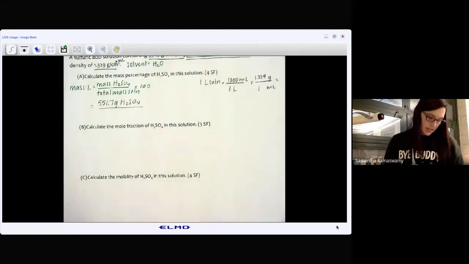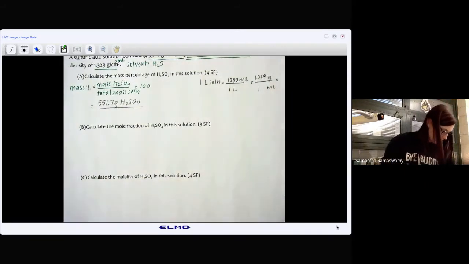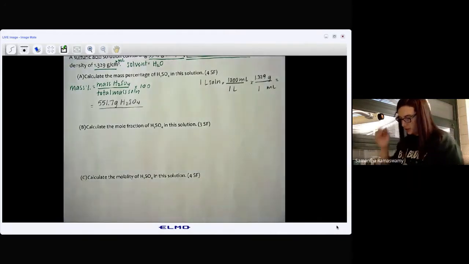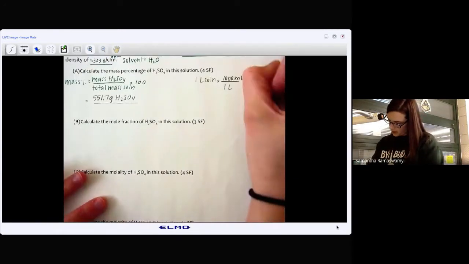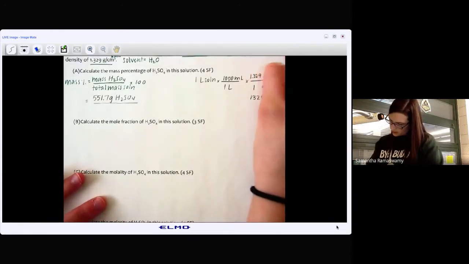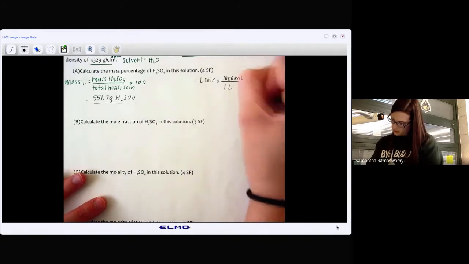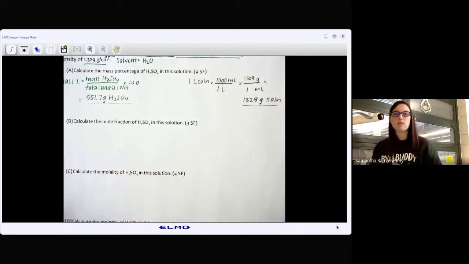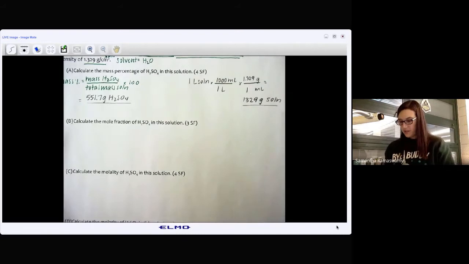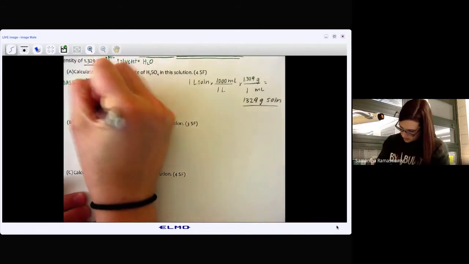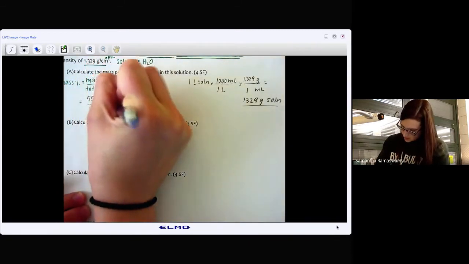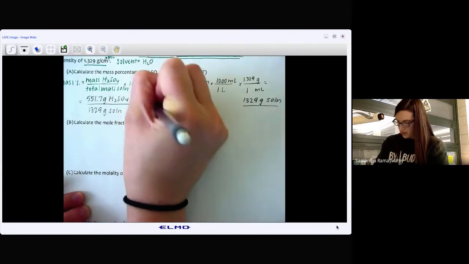Your density might be the same. I think I just read the density off of the problem. So you might have the same density, just your mass of H2SO4 is different. So 1,000 times 1.329 is 1,329 grams of solution. So now I have mass of H2SO4 and mass of total solution, times 100.